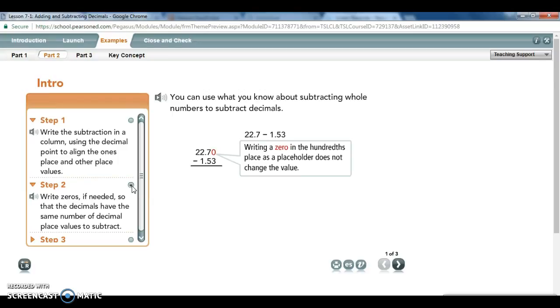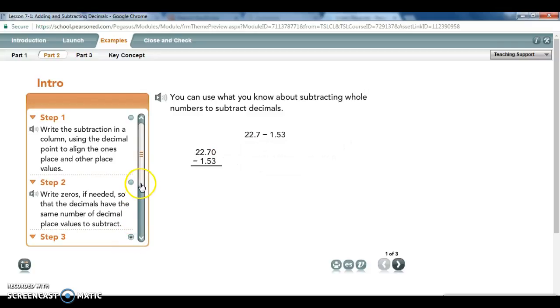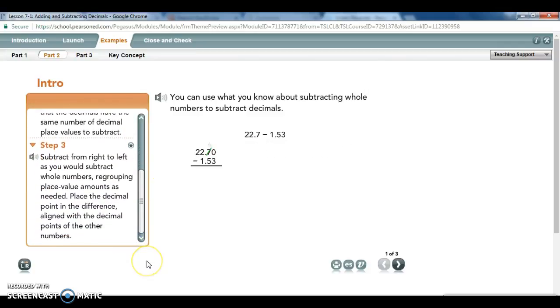Step 2 is writing in that 0 if needed. So this time again we are subtracting, and you do that from right to left just like you would if you were adding.